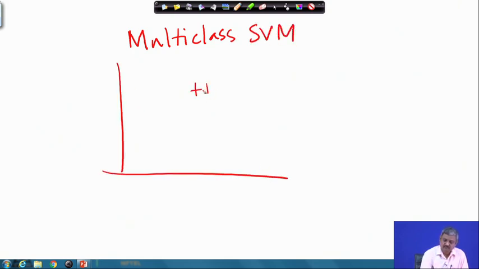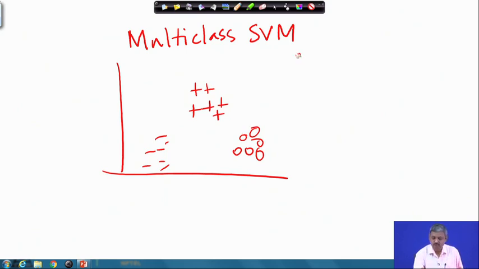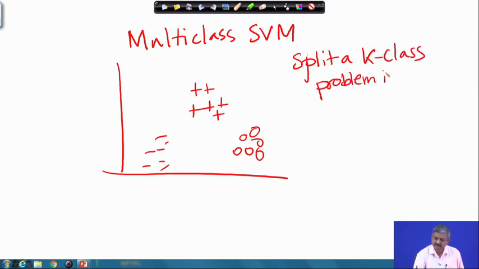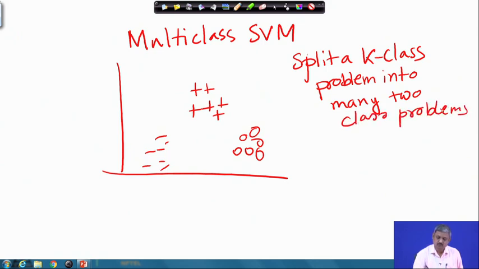Suppose there are more classes. What to do? What you do is split a k class problem into many 2 class problems. How? One approach is one against all.